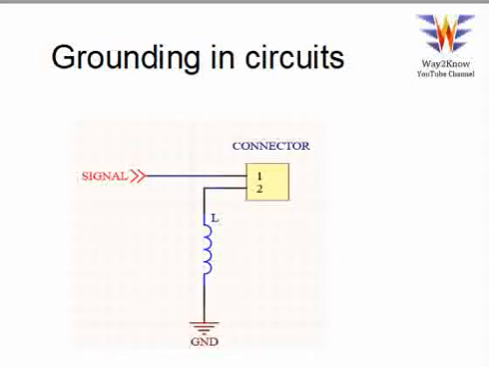Why EMI EMC concerns are being talked about with respect to this particular scenario is, let us assume we don't have this inductor, and we have some cable connected to this particular connector with some shielding, and let us assume it is passed by.